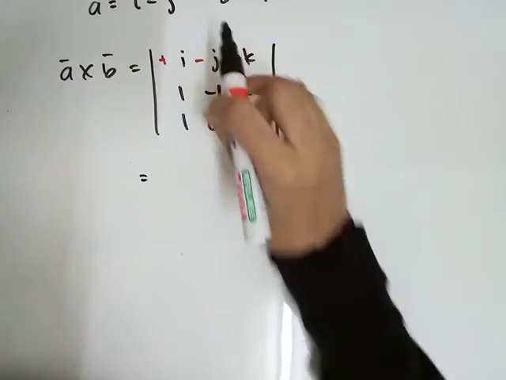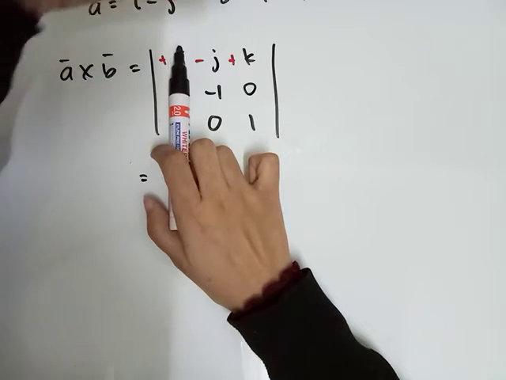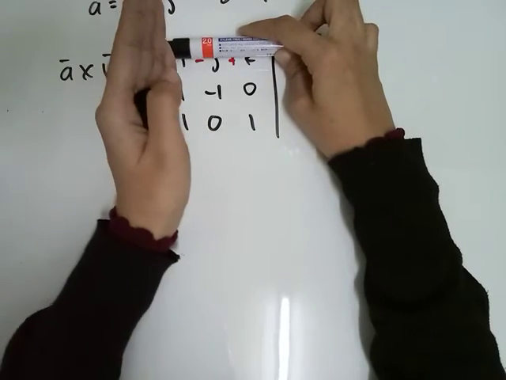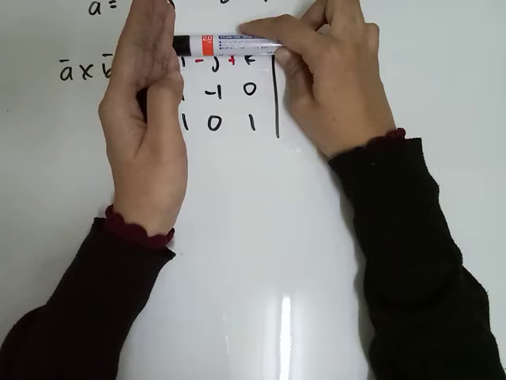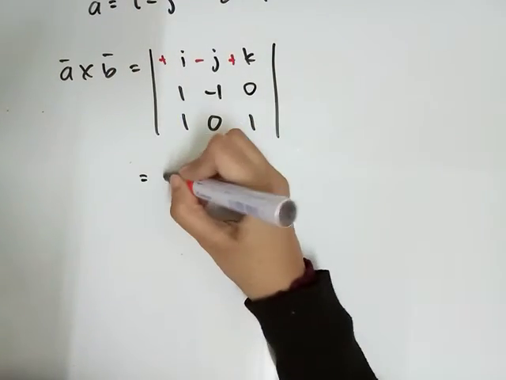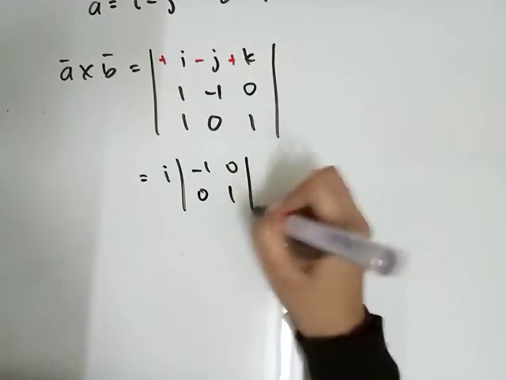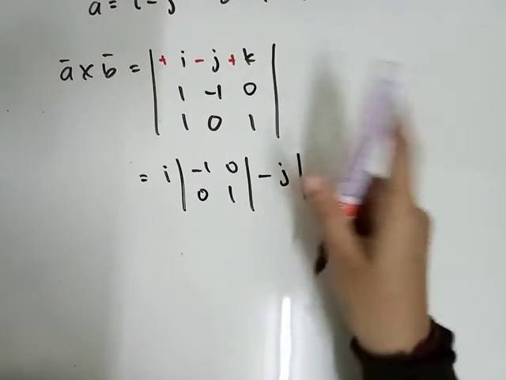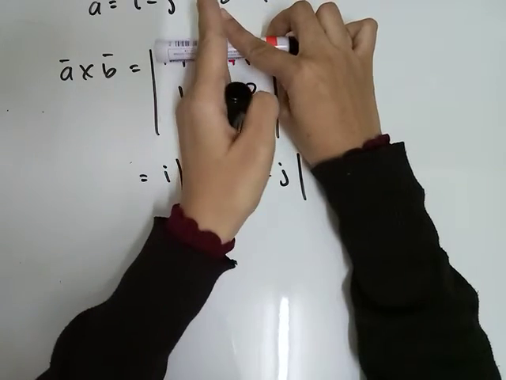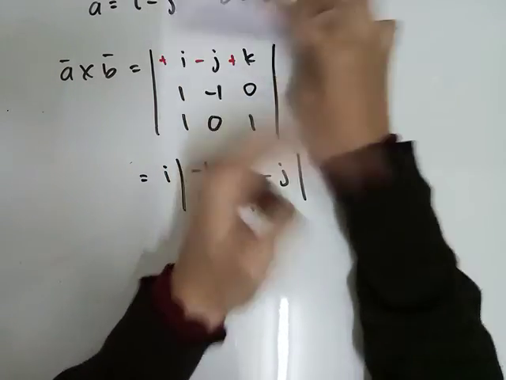So for I, kita nak cari determinant for element I by eliminating the row and the column. Apa yang tinggal? Negative 1, 0, 0, 1. And then for J is negative here. Eliminate the row and the column for element J. Apa yang tinggal kat situ? 1, 0, 1, 1.